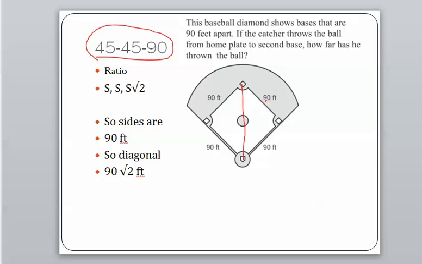Well, you notice how this distance and this distance are the same on the baseball field. They're always 90 feet. And this triangle that's formed is a 45, 45, 90 triangle. And that's one of the triangles that we call a special right triangle. Why? Because they're always going to be the same. I could either use Pythagorean theorem or I could use the trig functions to try to solve them, but I'm basically lazy.